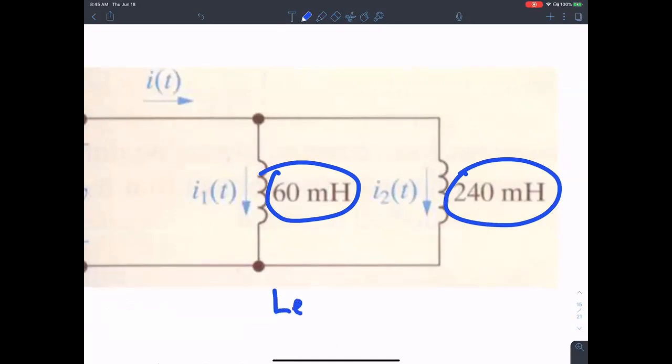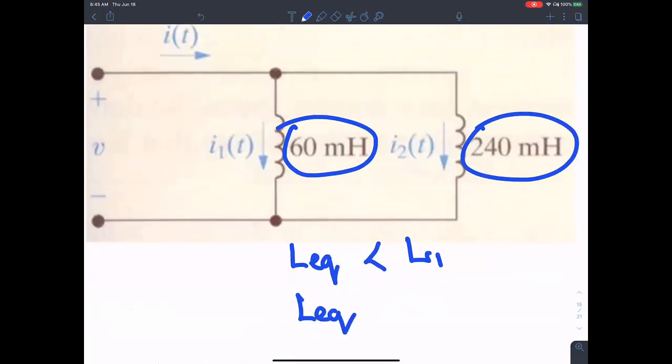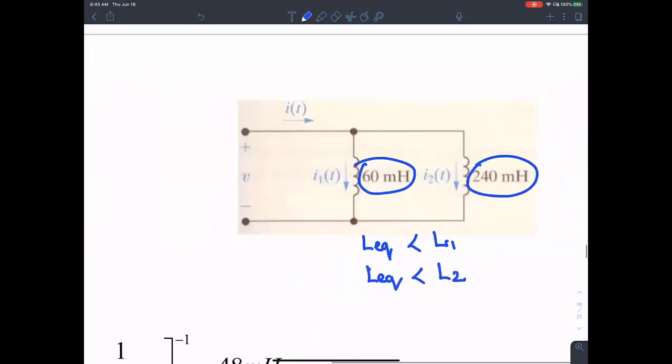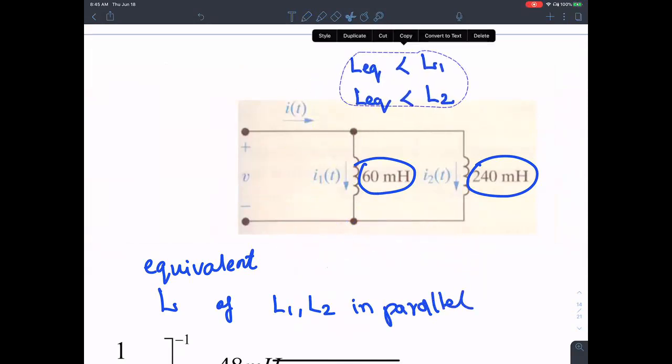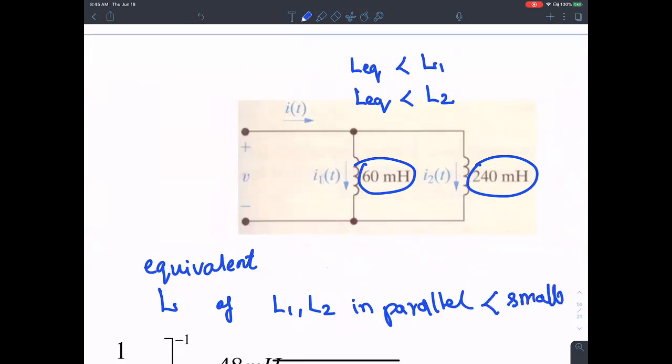So L equivalent is less than L1, and less than L2 as well. The overall equivalent inductance is less than the smallest of L1 and L2.